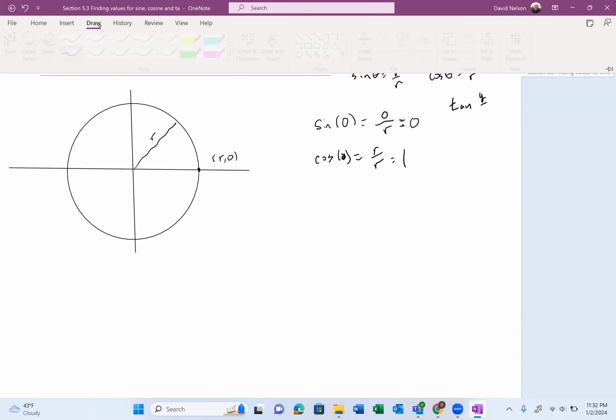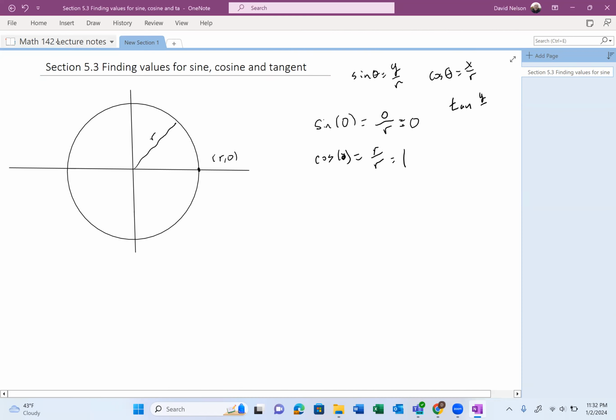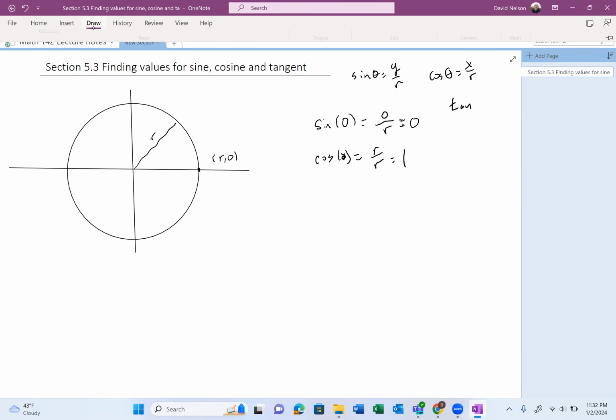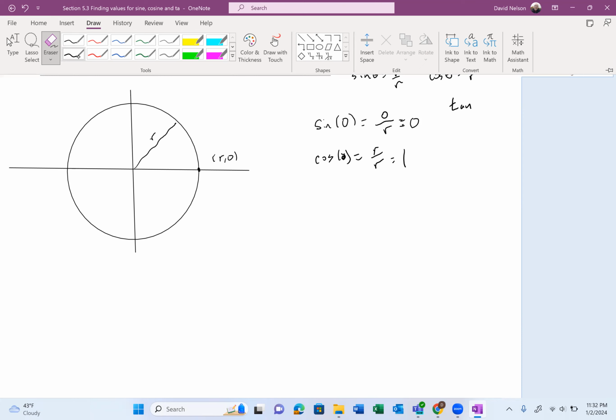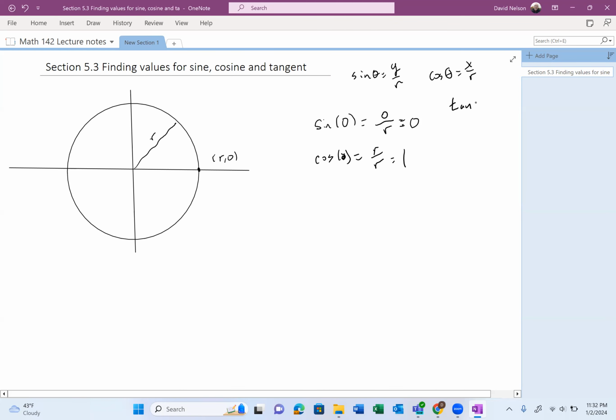Whoops, let me fix this a little bit here. We'll clean that up there. I need to put in an angle. I always have to have an angle. It's not just sine, it's sine of an angle. So if I have the tangent of theta, I know that that is the y coordinate divided by the x coordinate.